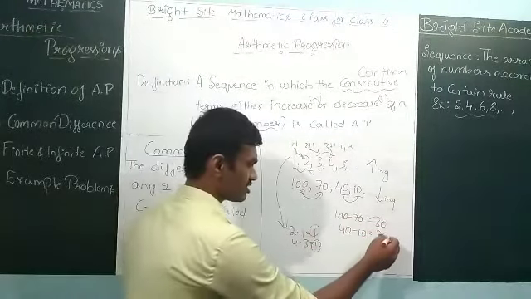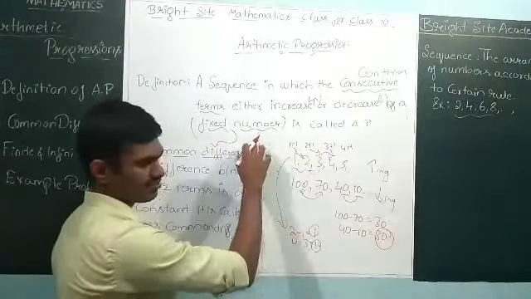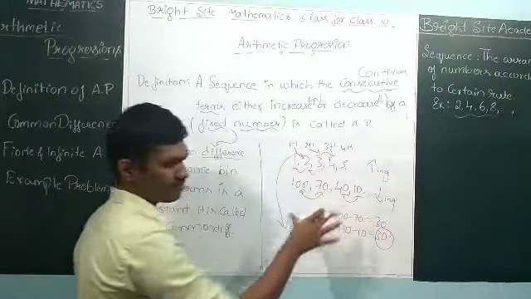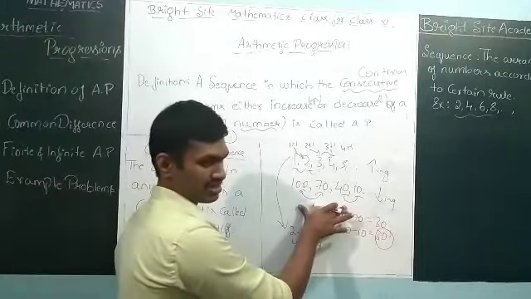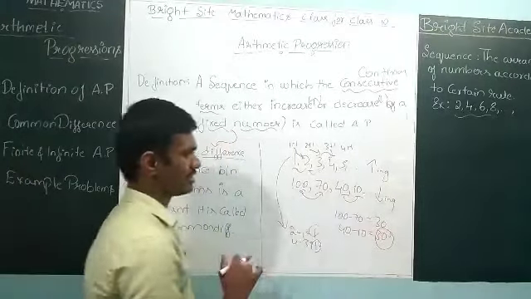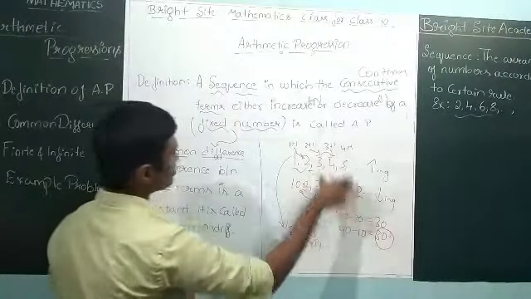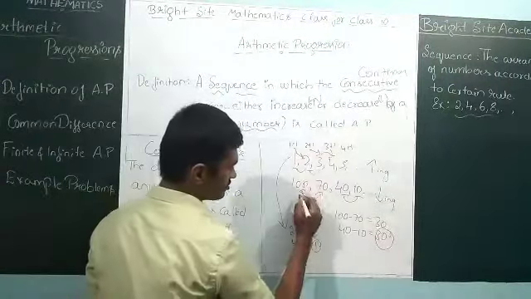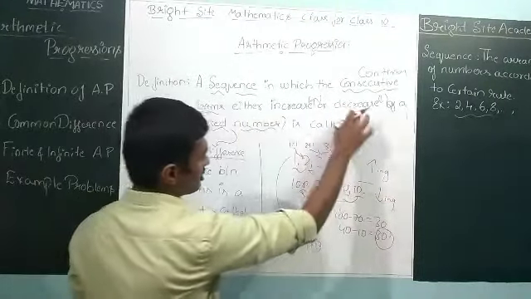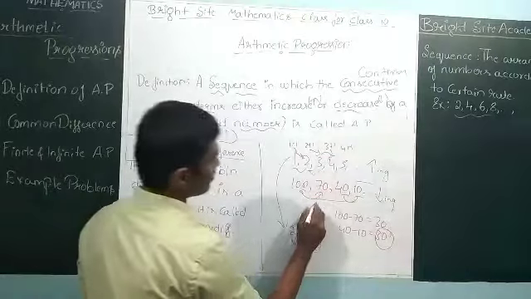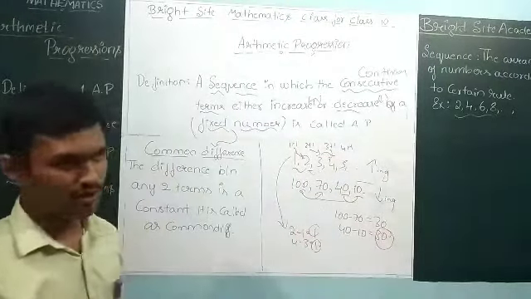So here 30 is the fixed number for this sequence. Because of that fixed number, the sequence is decreasing. It is a sequence in which the consecutive terms decrease because of the fixed number 30. I think you have understood.